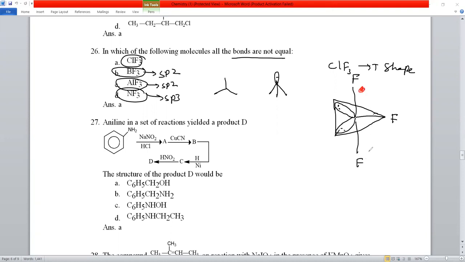This one and this one, in red color, the 2 fluorines are axial bonds. Axial. And I'm going with another color. This fluorine is equatorial. Axial bond length is greater than equatorial. So these are different; all bond lengths are not equal here. The answer should be ClF3.